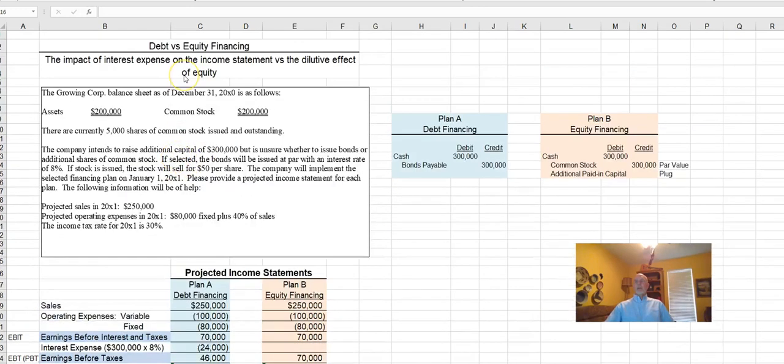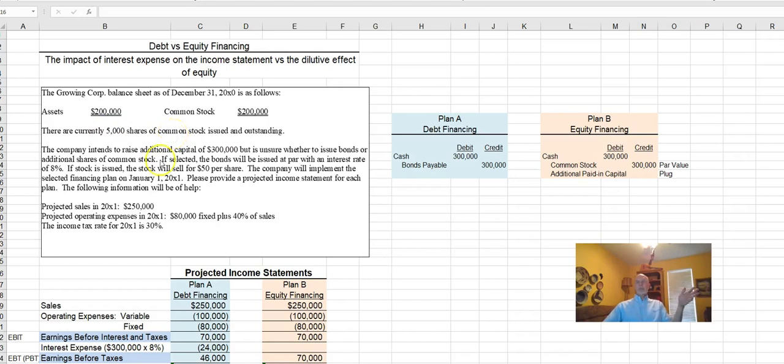So we have a company, called the Growing Corporation, and it has an initial balance sheet of $200,000 in assets and $200,000 of common stock. So all the money that we have invested in our assets so far has come from issuing stock. And let's suppose that currently there are 5,000 shares issued and outstanding.